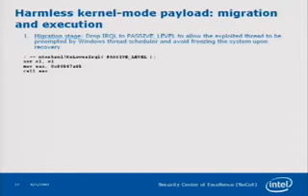Code at dispatch level cannot take page faults. It cannot call most functions, for example synchronization functions like sleep and wait for single object, and so on. So the first thing that kernel mode shellcode does is drop its IRQL to passive level.